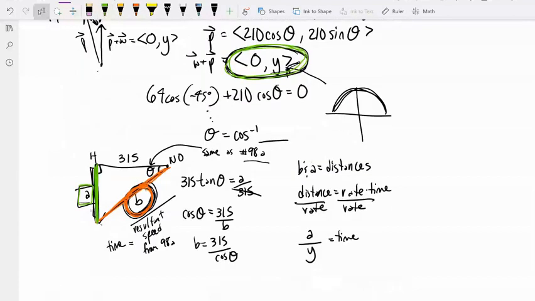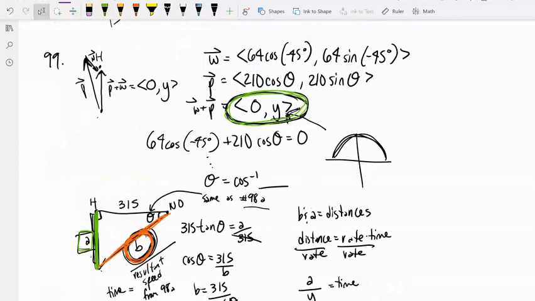If I'm being honest, I probably wouldn't give you this problem on a test, but I would give you parts of this problem. Like I might give you just this part where I say, what is the direction that you need to head in order to go directly north given this wind vector and this magnitude, and then you'd have to figure out what's the missing piece here.